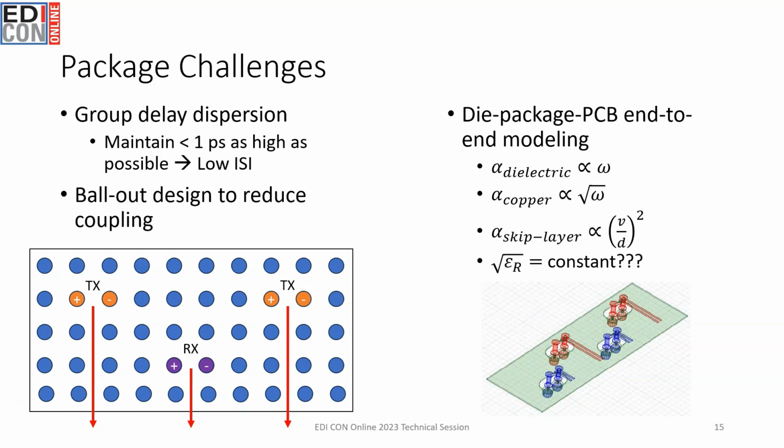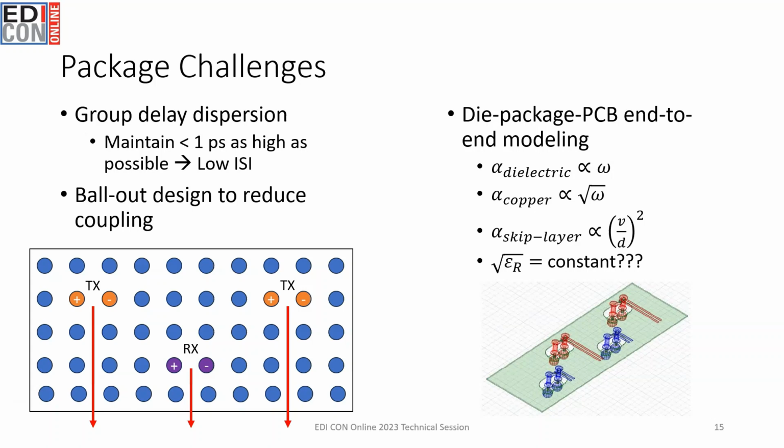The other thing that we need to worry about is die package PCB end-to-end modeling. So how can we build these full models that really address all the possible sources of loss in these systems? Also, the modeling of them is very important in terms of how they relate to frequency and then the geometry of the system.